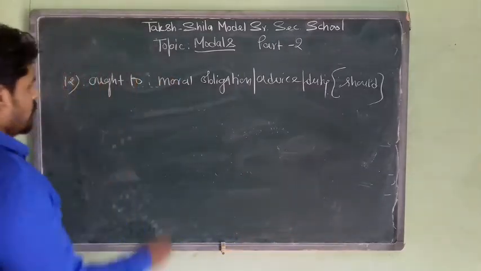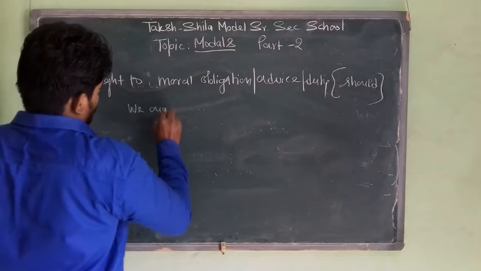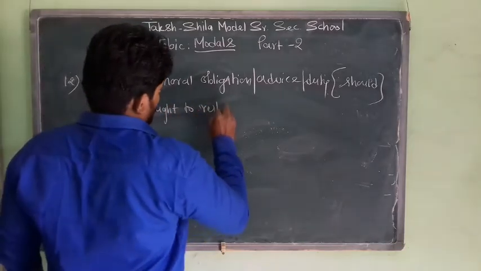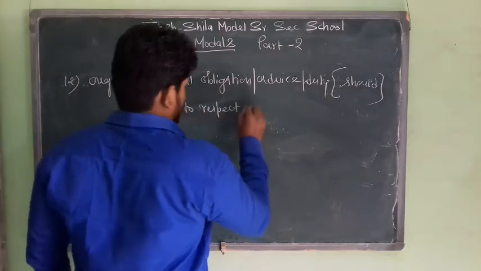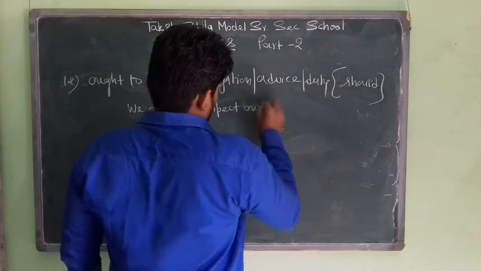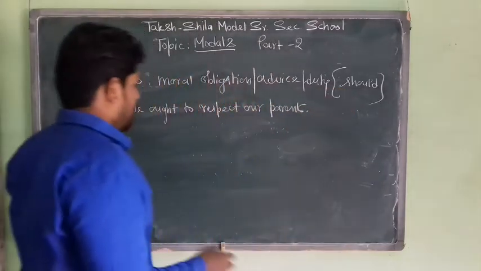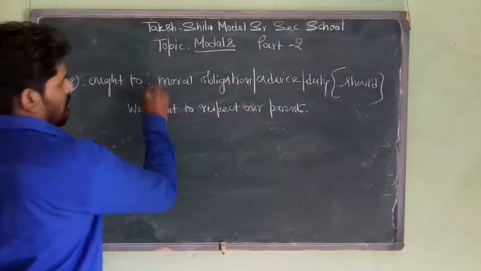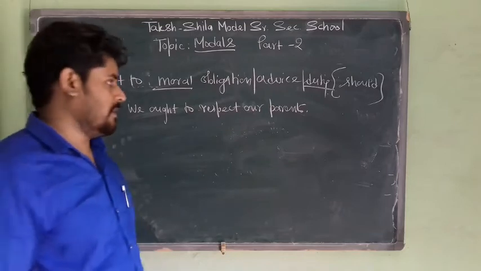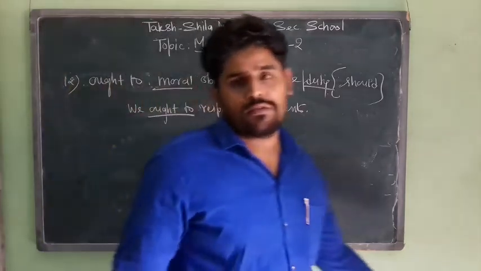So for example, we ought to respect our parents. This is something, this is a moral duty. It is a moral duty that we should respect our parents. So we can also say we should respect our parents. Both are correct.